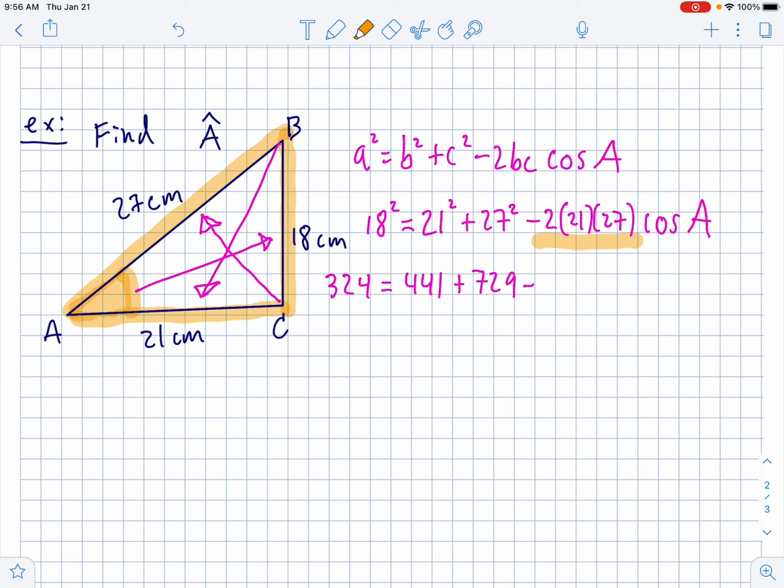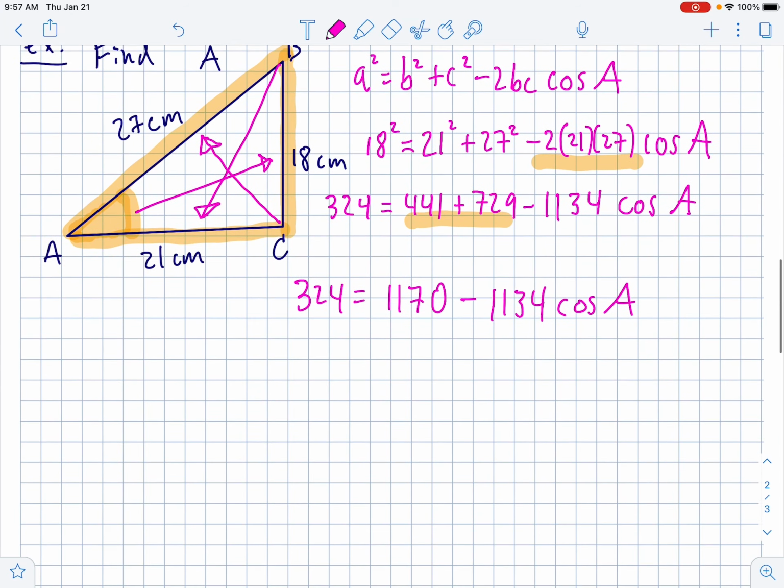So 2 times 21 times 27 is 1134. Okay, I guess the next little simplification we could do is the 441 plus the 729. 1170, so we get 324 is equal to 1170 minus 1134 cosine of A.